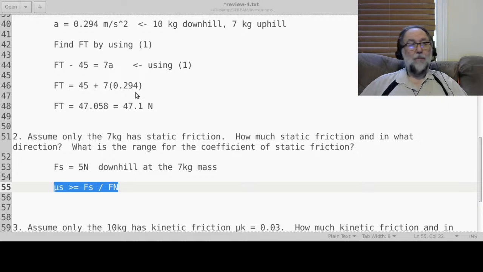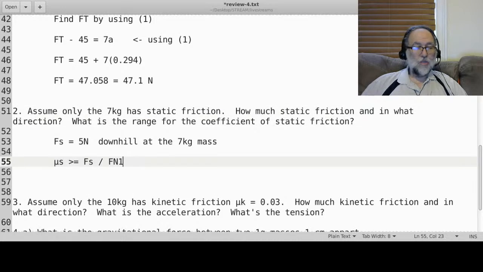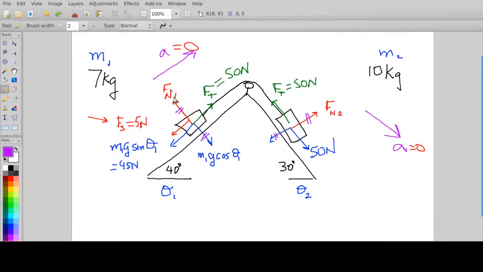Great, we've got that one. Now, this is actually static friction only for the 7 kilogram mass. That's why I originally had an Fn1 here. Because if we go back to the diagram like that, it's the normal force for the 7 kilogram mass. Well, we don't know how big the normal force is, and we didn't calculate it before because we didn't need it, but now we do.